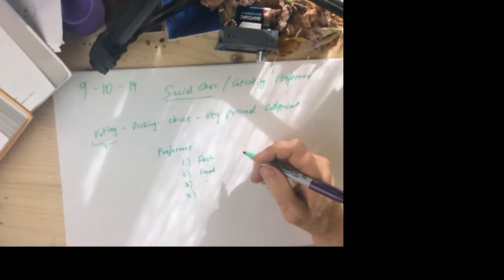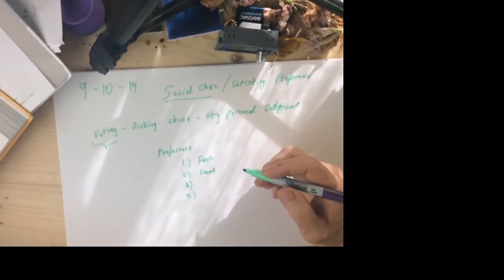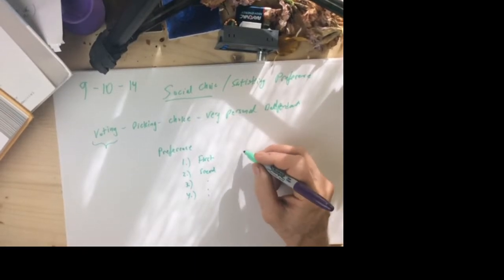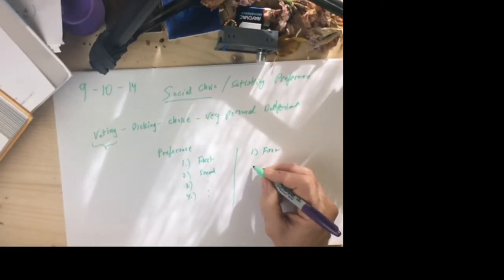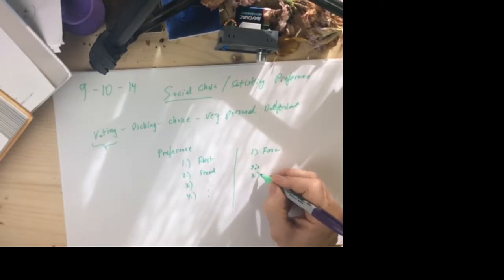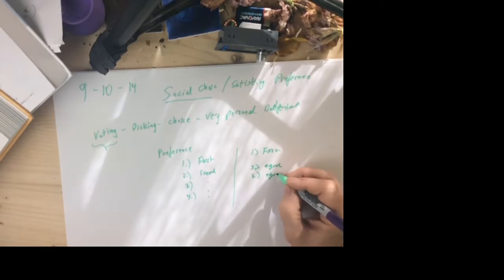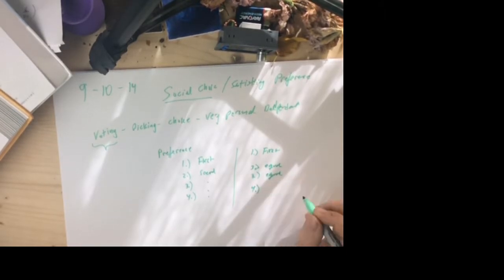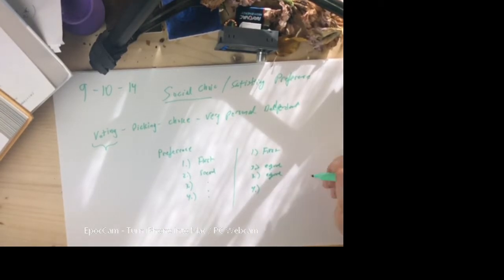That's a preference list. Now, sometimes there's a tie, and we could create a preference list that would look something like this. It would be your first choice, but then it would be third. These two are equal. And then comes a fourth. So in some sense, these are both your second or both your third. They're equal, but that can create a mathematical difficulty.